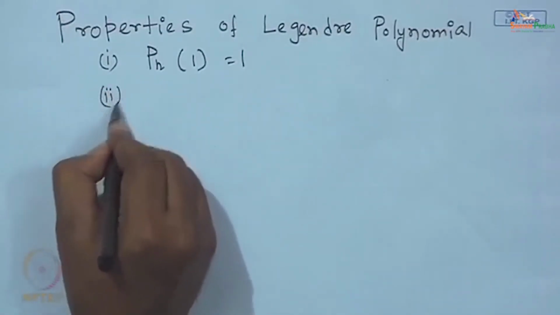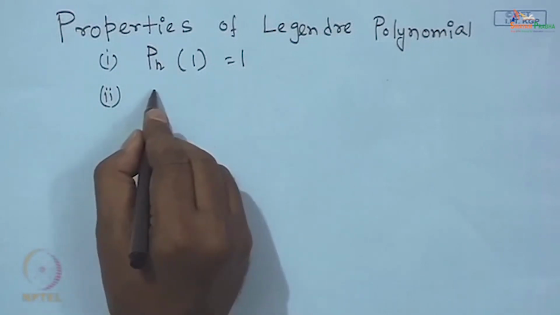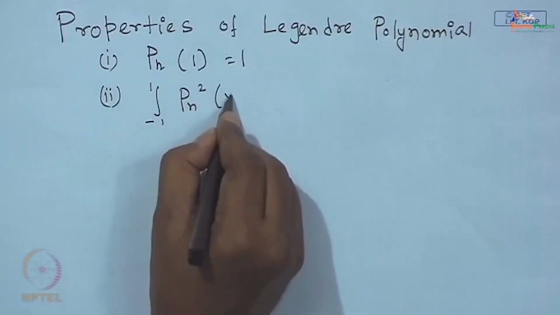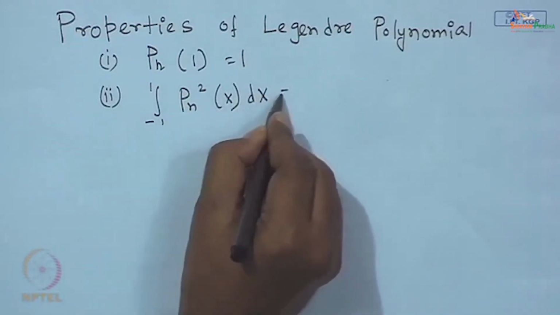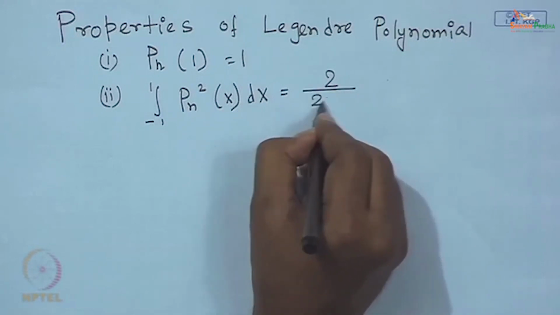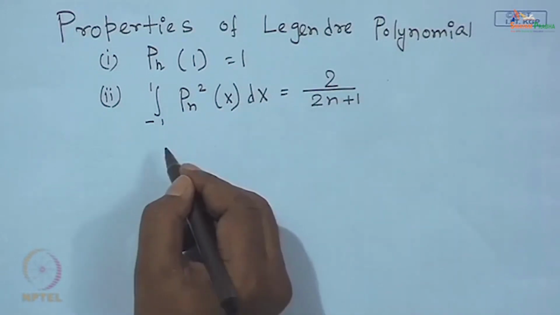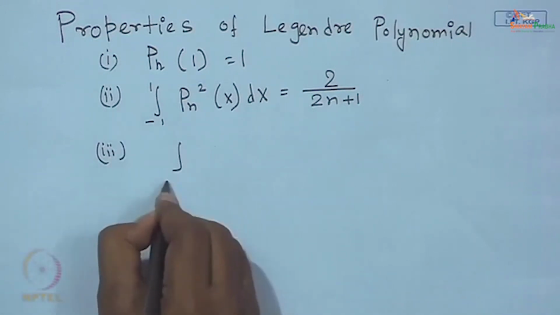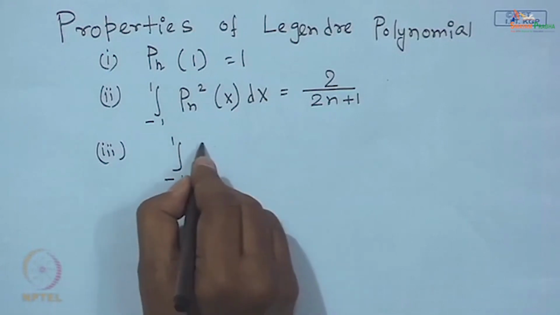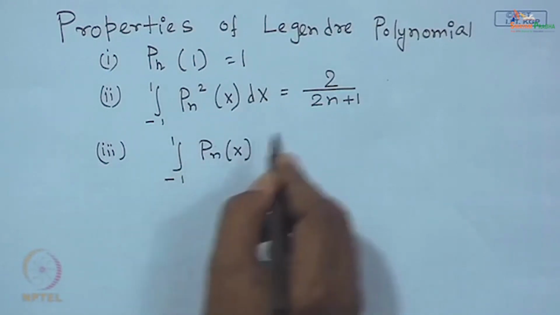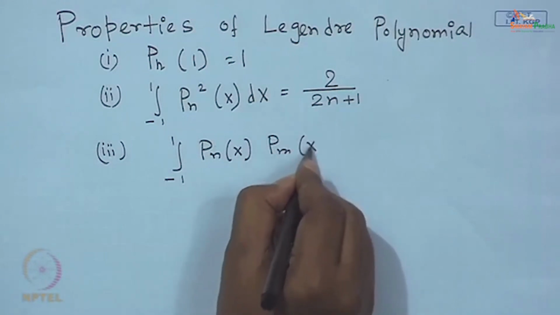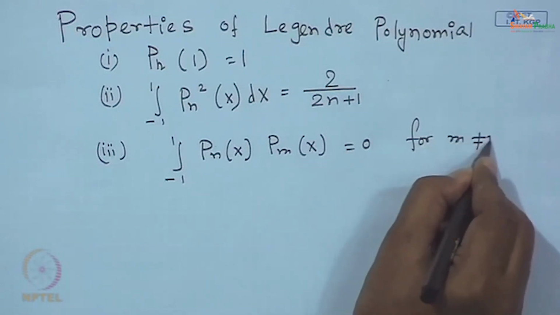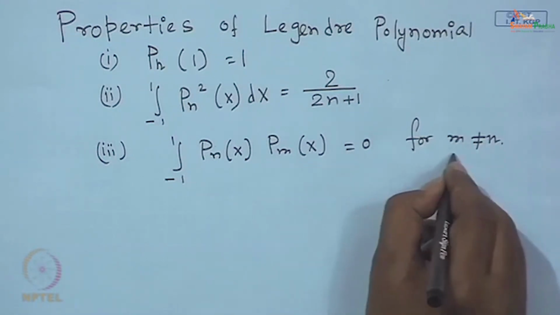The second one is the integral from minus 1 to plus 1 of P n square x dx, which will be 2 divided by 2 n plus 1. And the third one is the integral from minus 1 to plus 1, that is the domain of x, of P n x times P m x, which is equal to 0 for m not equal to n, where m and n are integers.